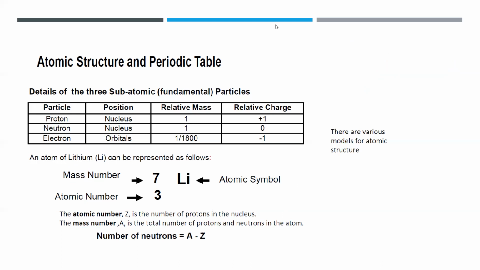So, for example, say we have beryllium, which is 4 and 9. So what is A here? A is the atomic mass, or nucleon number basically, or the mass number.